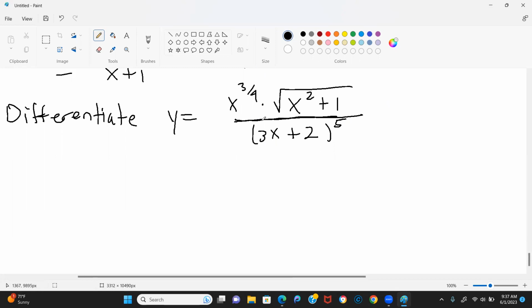Then we would need to take the derivative of the numerator, where we have a product of x to the 3/4 times the square root of (x squared plus 1). So not only would we have to do the quotient rule, but also the product rule. In this product, there's a square root of (x squared plus 1), and that would require the chain rule. And of course, the bottom would require the chain rule as well. So you can imagine this is becoming a very complex problem.